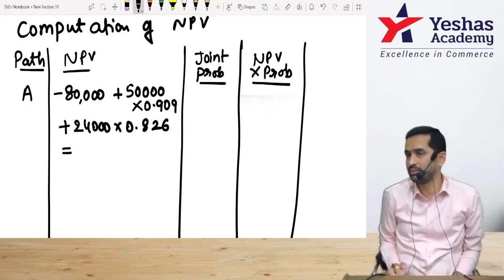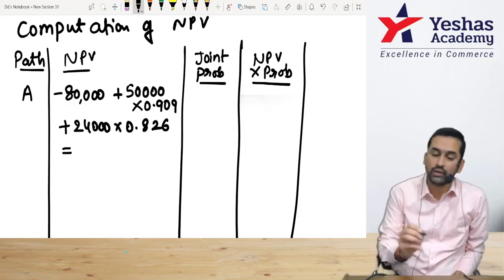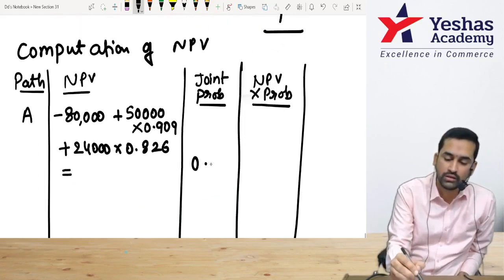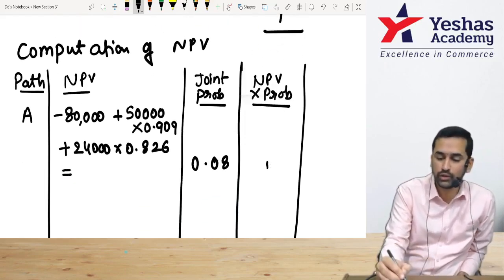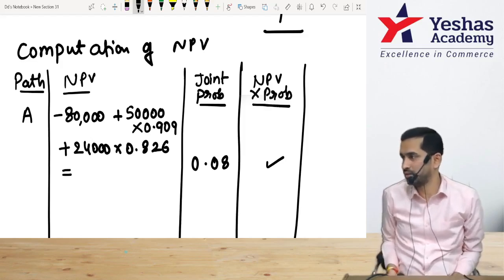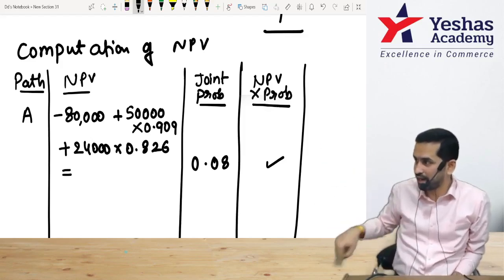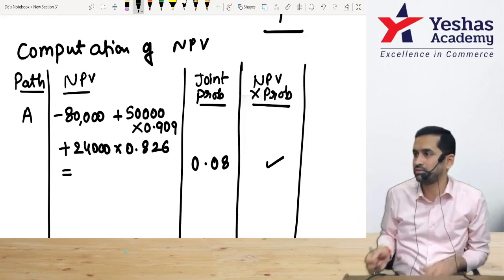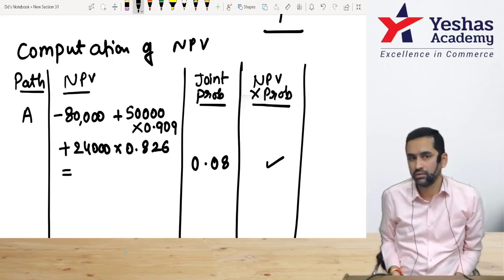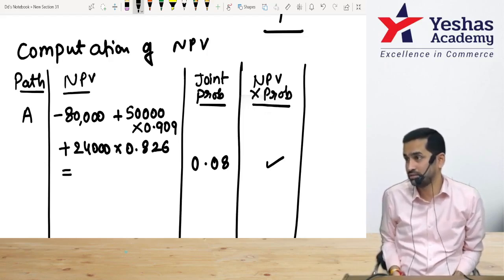This will be the NPV if path A becomes a reality, correct? And what is the probability that path A will become reality? 0.08. This, when you multiply, you get NPV into joint probability. This is the way to fill this table. And once we do this for all 6, we have to get the grand total. If that is positive, then you go ahead with the project. Able to understand? Because one of the 6 only will happen, not all 6.